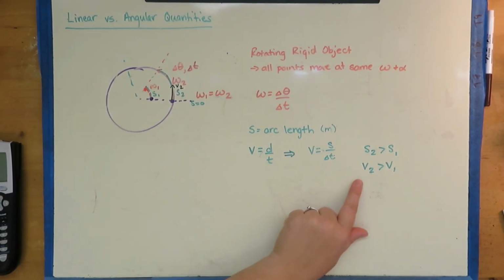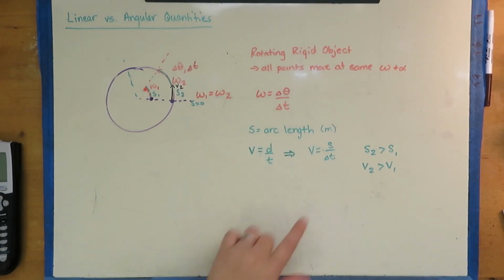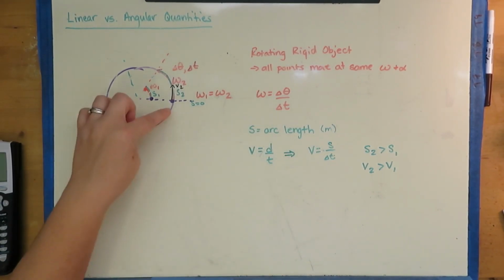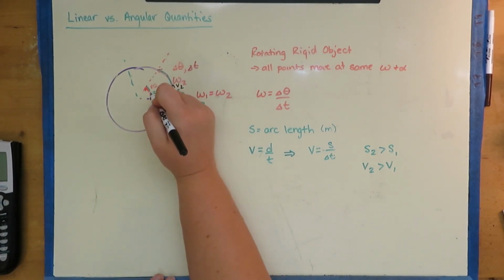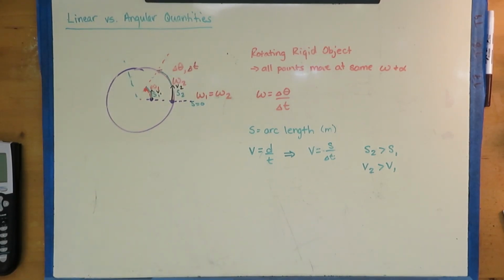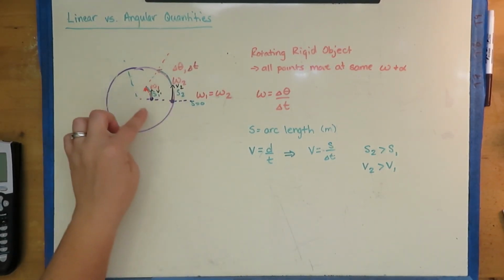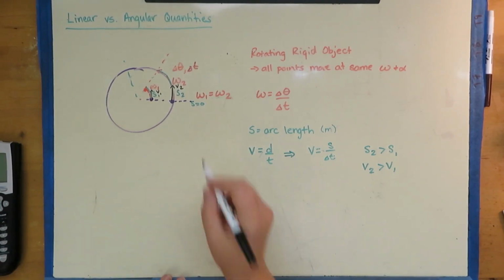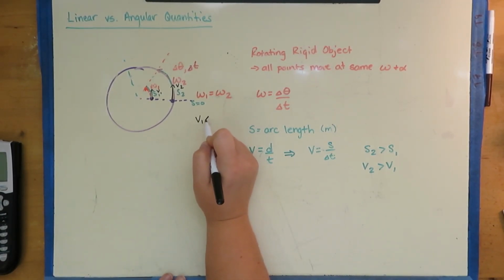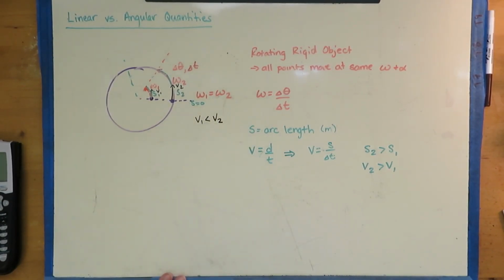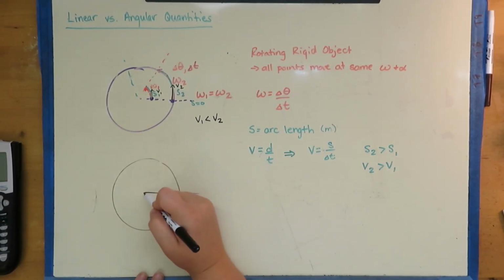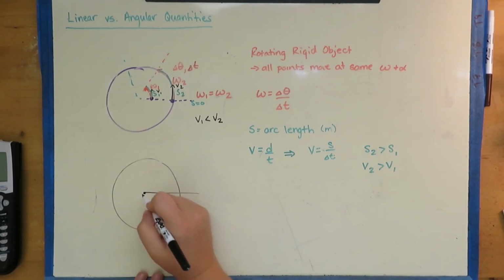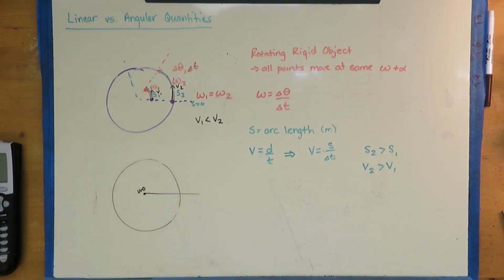That velocity would be based on the arc length that it travels in that time. This one travels a bigger arc length, so it has to have a bigger linear speed than this point here, v1. So while these two points have the same angular speed, the linear speed v1 is less than v2. And actually, if you were to draw out a line of speeds, at the dead center, that center point doesn't have any linear displacement.